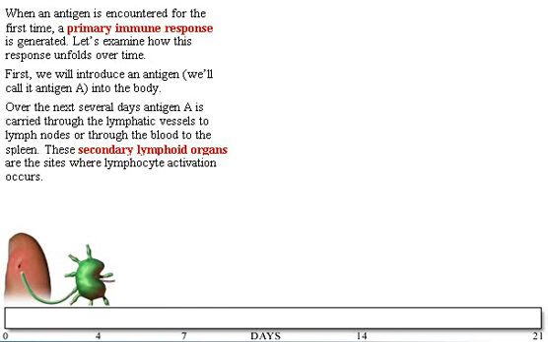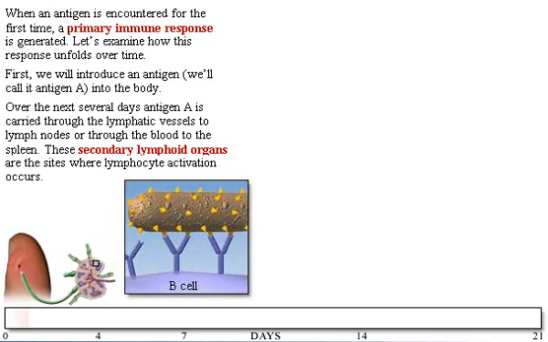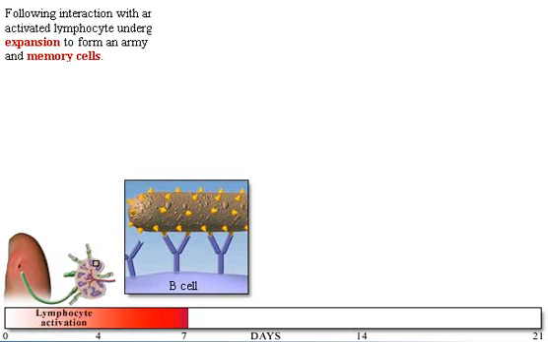As we have seen, the secondary lymphoid organs are the sites where lymphocyte activation occurs. Click the lymph node to begin lymphocyte activation. Following interaction with antigen, the activated lymphocyte undergoes clonal expansion to form an army of effector and memory cells.